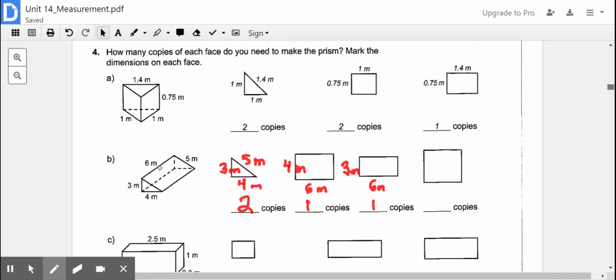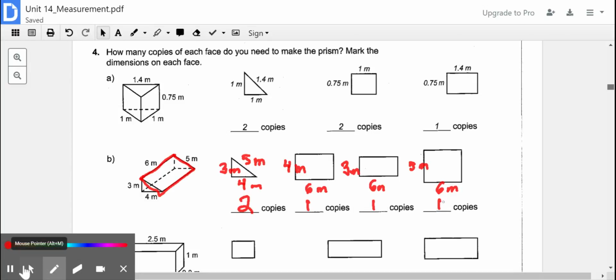And then finally, of course, we've got this side here, which is the longest, biggest rectangle, which is a 6 by 5. So the short side is going to be 5 meters, and the long side is going to be 6 meters, and there's 1 of those. So to make this net here, I would have a total of 5 faces, 2, plus 1, plus 1, plus 1. Go ahead and do C on your own.